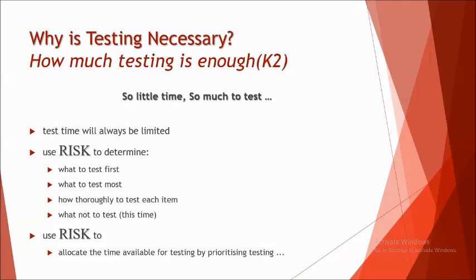So in case you have already done a risk analysis on your requirement and understood that these are the risk areas, there are 5 risks which have high impact, 3 risks of medium impact, and a few risks of low impact, then obviously you can push all the higher severity risk related test cases to be prioritized, so that these test cases are executed well within the time you have.